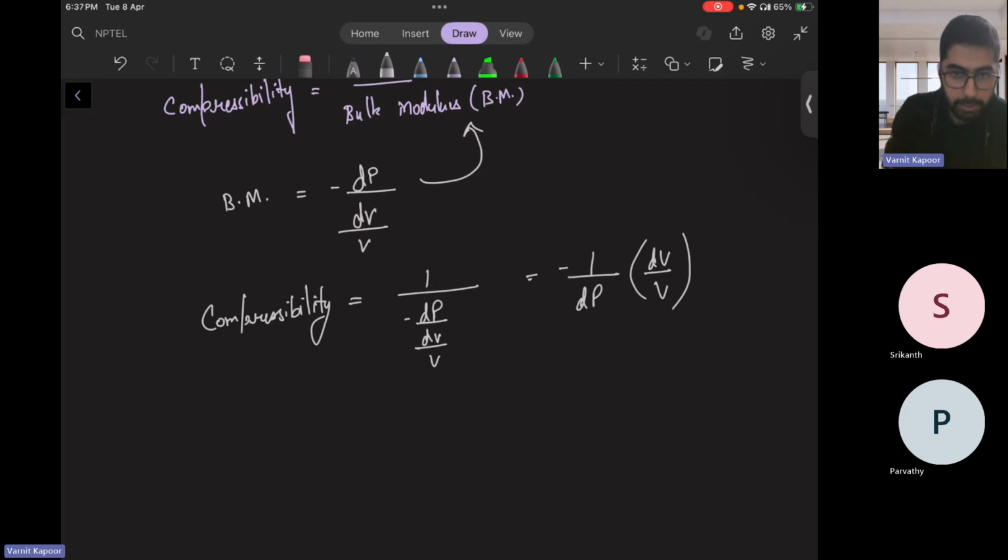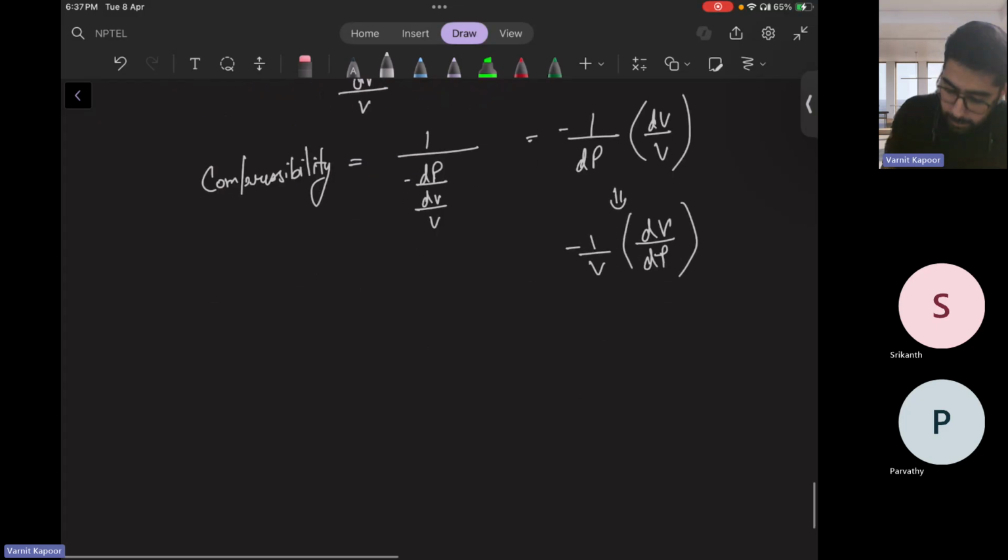At constant temperature, isothermal, you can write it by taking V outside, and this is your compressibility.